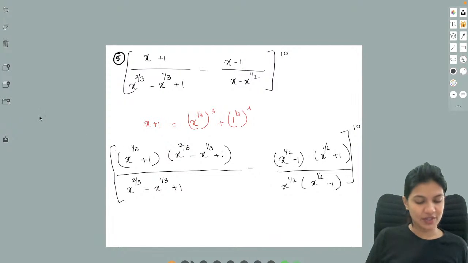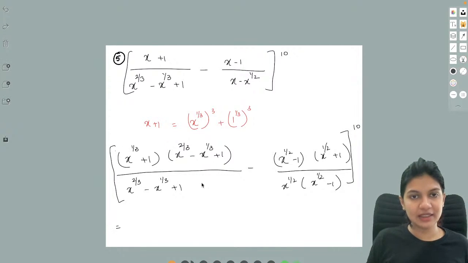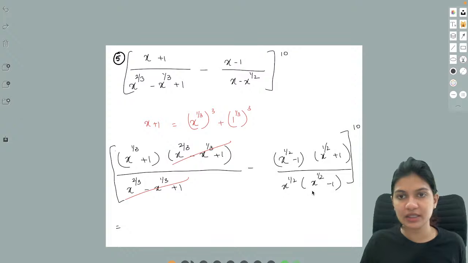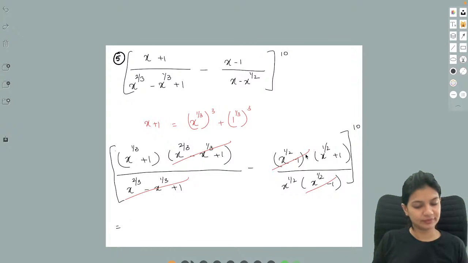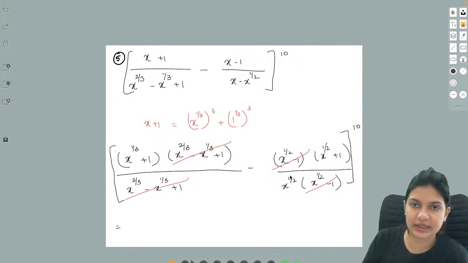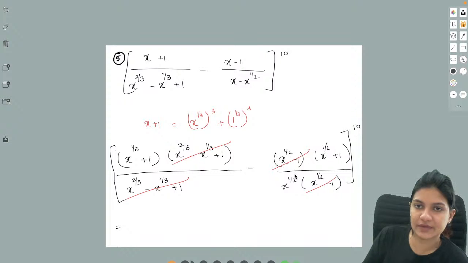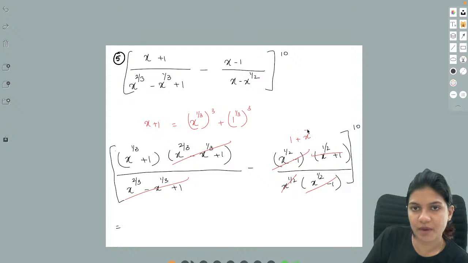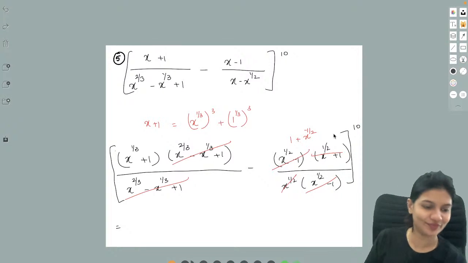Okay, now these two will get cancelled, these two, and these two also will get cancelled. And this will become what? After cancelling, it will become 1 plus x to the power minus 1 by 2.